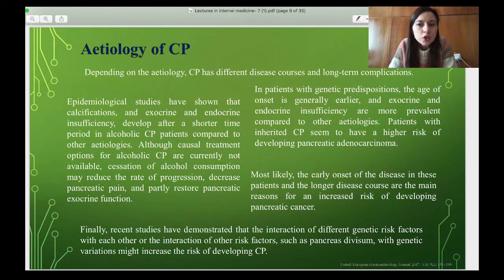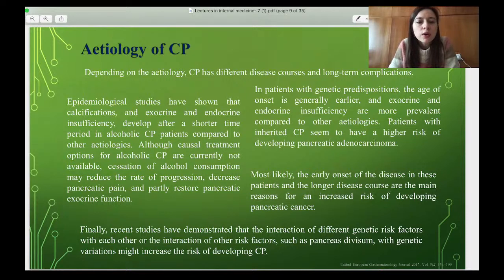Depending on the etiology, pancreatitis has different disease courses and long-term complications. Epidemiological studies have shown that calcification and endocrine insufficiency develop after a shorter time period in alcoholic pancreatitis patients compared to other etiologies.